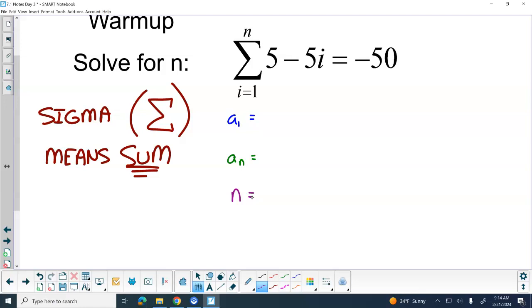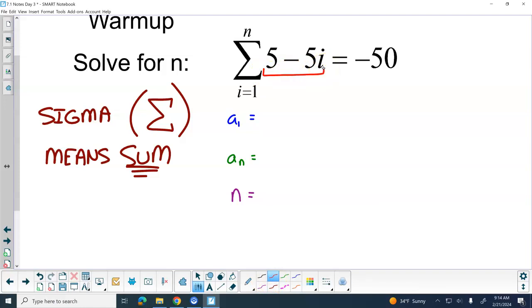How do I find the first term? Into the rule. So I'm going to plug the bottom number into my rule.